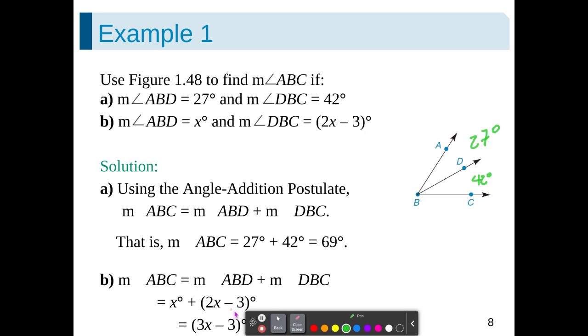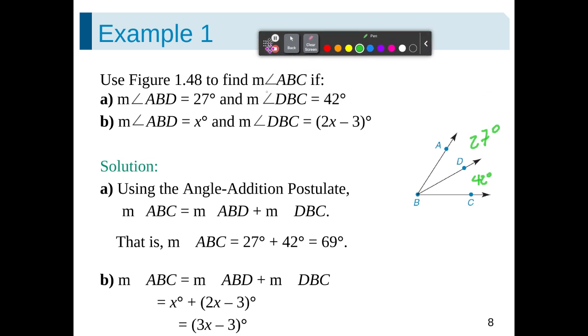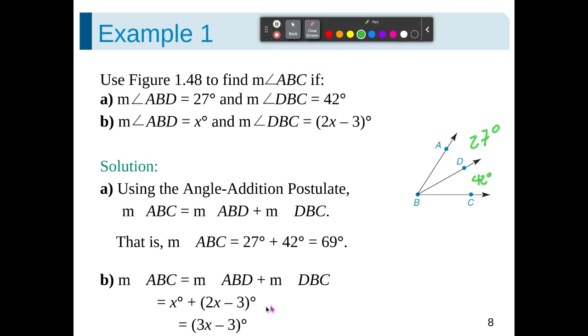We can also do this with algebra. So here's our first example, where we're going through this with an algebra situation. Remember that we're substituting. The measure of angle ABC is equal to the measure of angle ABD plus the measure of angle DBC. I like to put my little angle symbol on there so it doesn't look like inequalities.